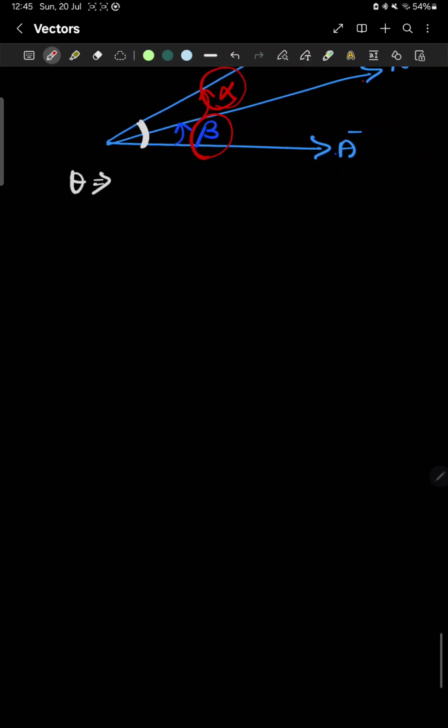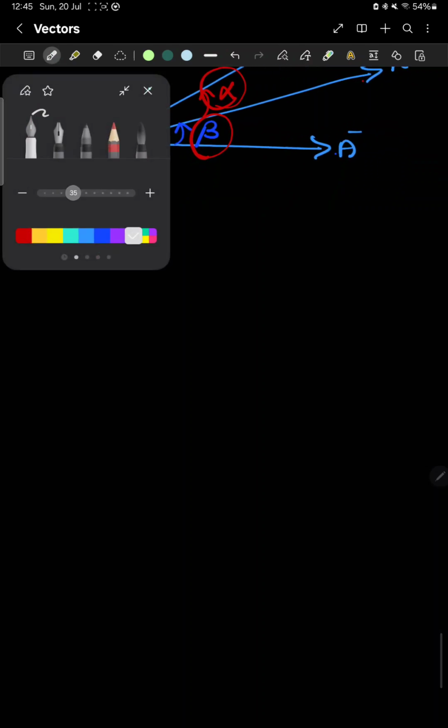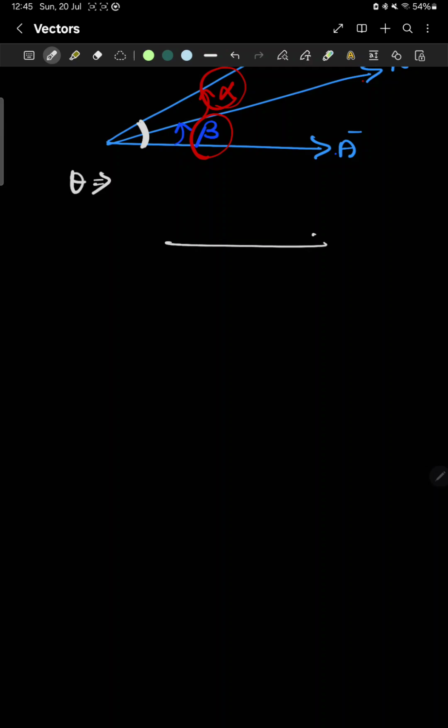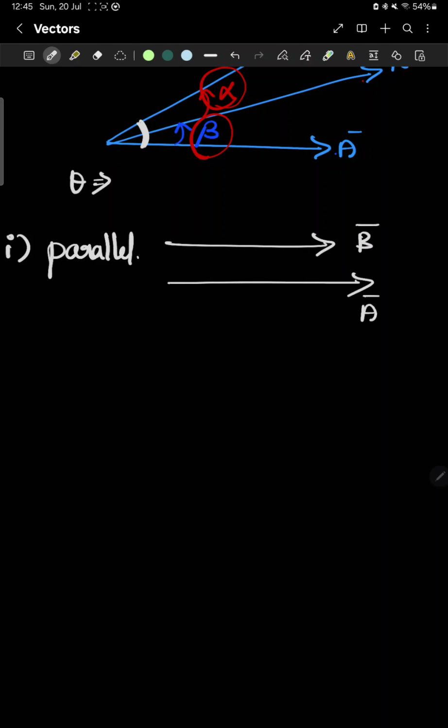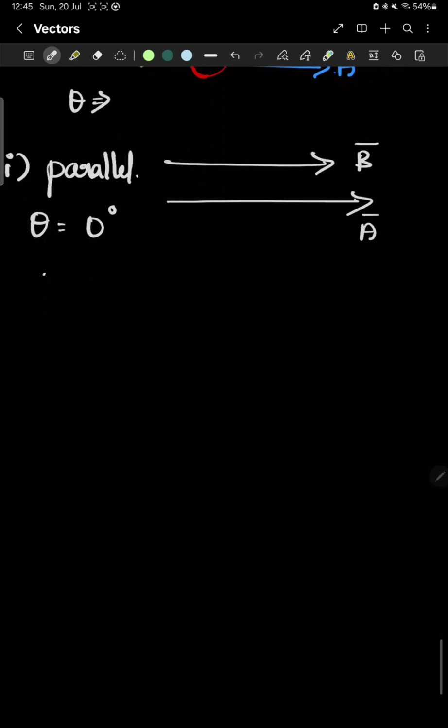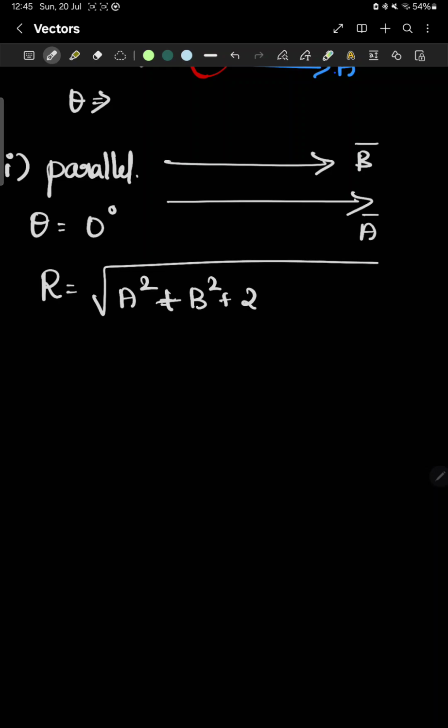Now there are three different cases in this. If these two vectors, for example A vector and B vector, are parallel to each other, then the angle between A vector and B vector will be 0. If I substitute in this formula, R is equal to square root of A square plus B square plus 2AB cos theta, instead of theta I substitute 0, and cos 0 becomes 1.